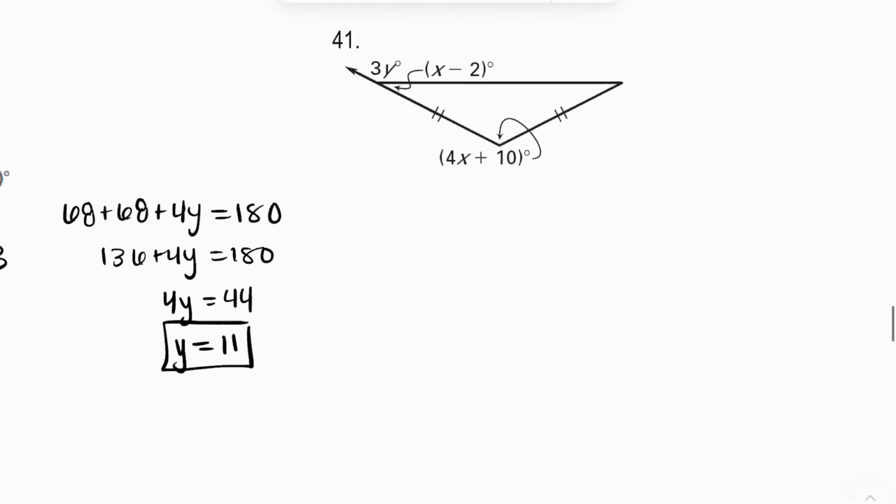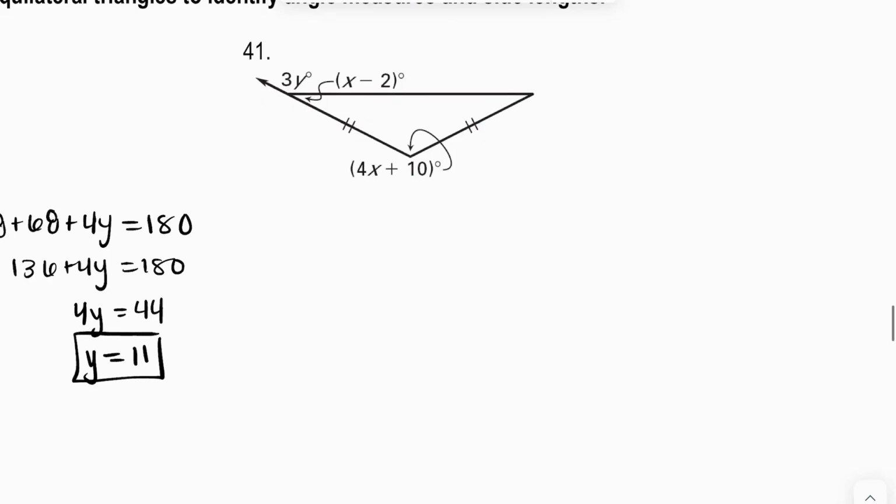All right, 41. In 41, we have congruent sides, which means these base angles are congruent. So if this angle is 4x minus 2, then this one's also 4x minus 2. So we can now add all of these x angles together and set them equal to 180.